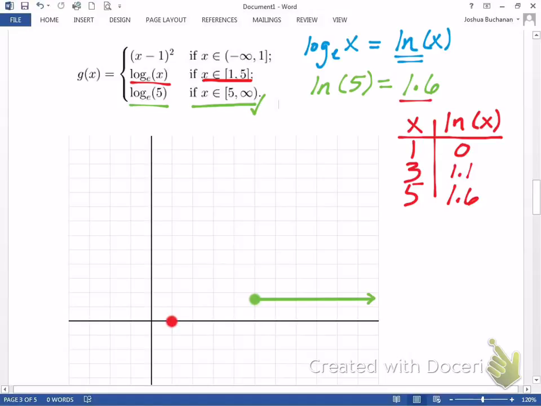So we have 1, 0, 3, 1.1, and 5, 1.6. So we connect these and you'll see that it's a bit of a curve in the line. This is the natural log of x. This is the natural log of 5.